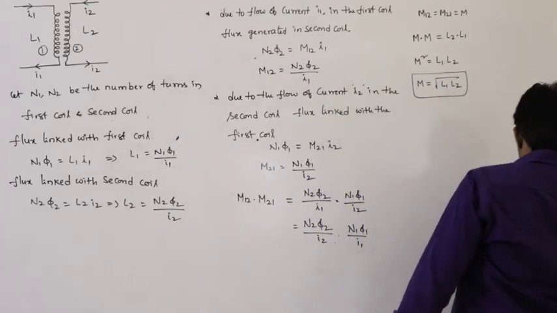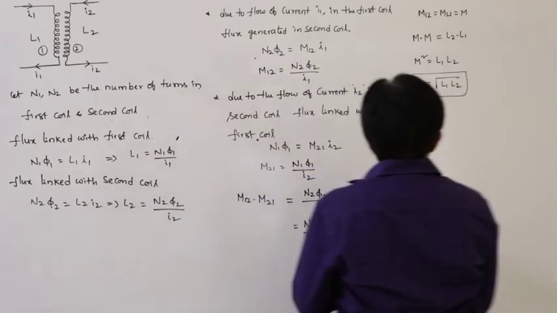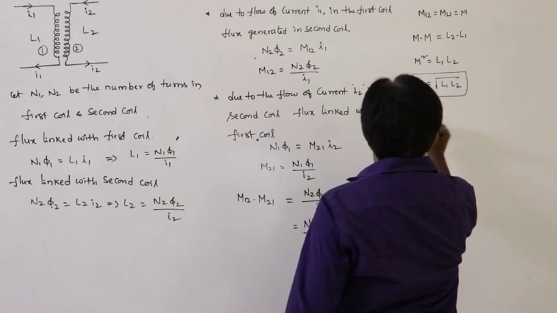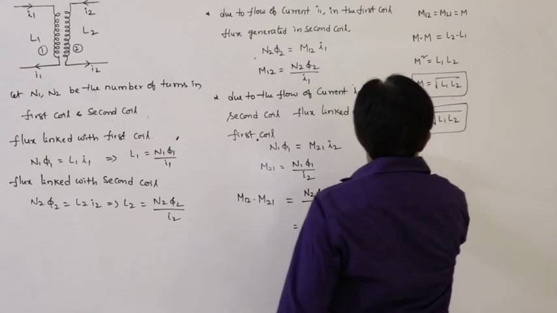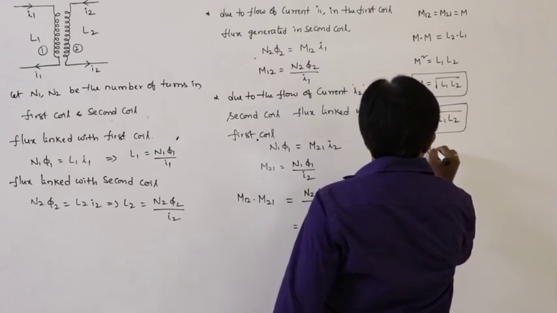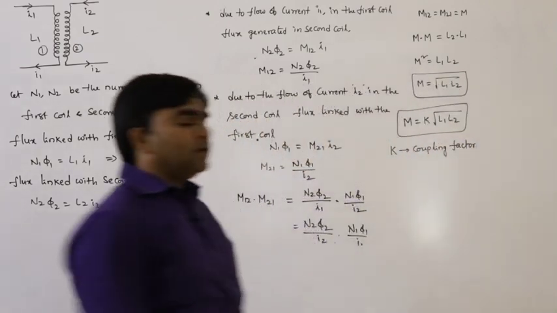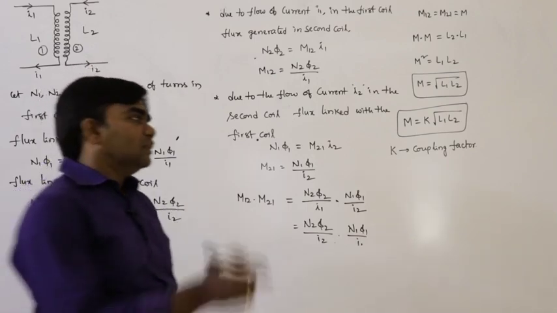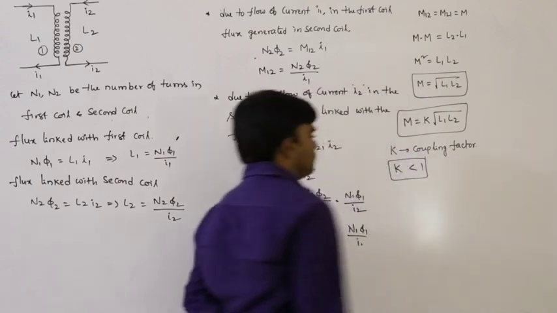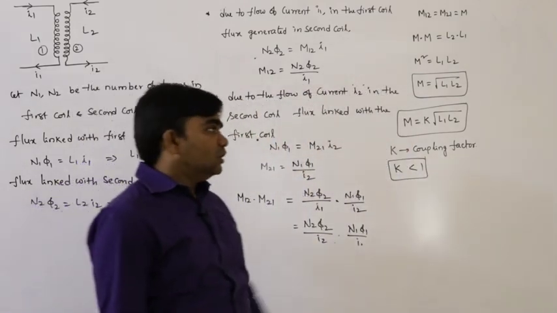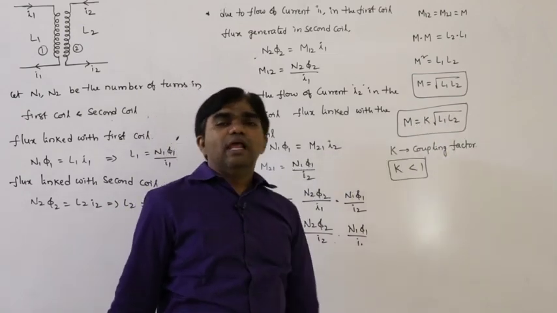Now, but this proportionality we replace with K, M is equal to K into under root L1 L2, where K is called the coupling factor. The value of K is always less than 1. That means the mutual inductance between the two coils is always less than under root L1 L2.